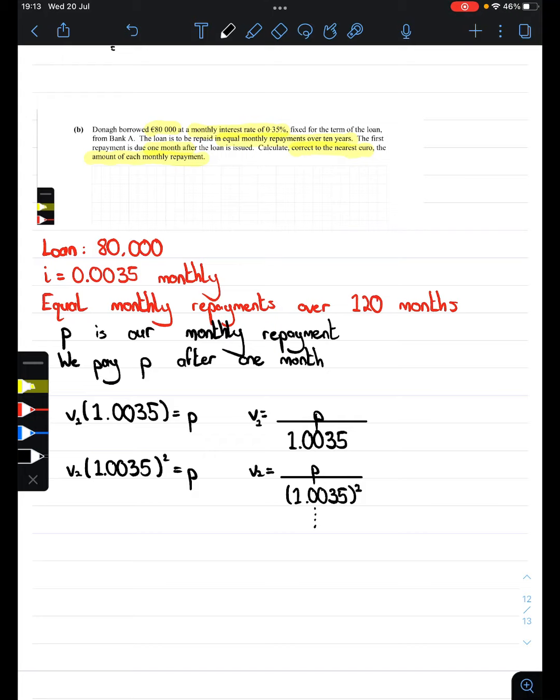In the same way, V120, the value of our last payment, is the amount over this compound, because our monthly payment after 10 years is not worth the same as it is today.